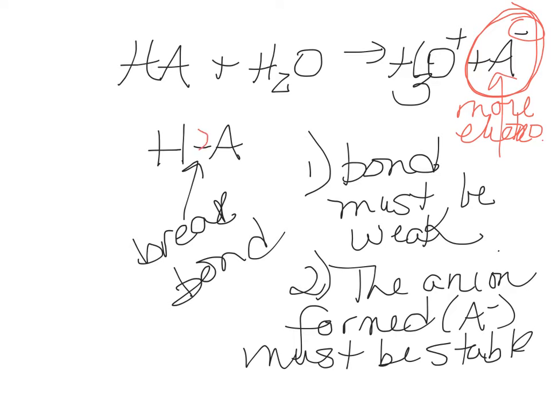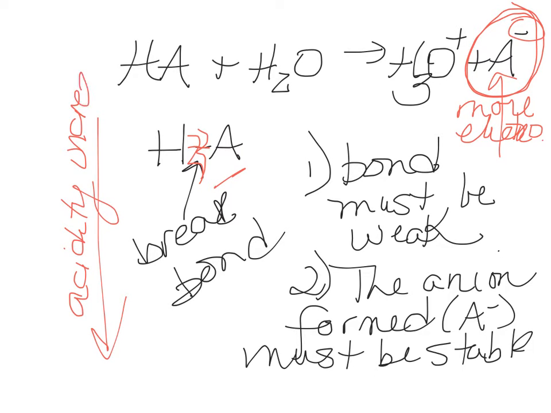And obviously the weaker the bond is between hydrogen and the electronegative atom, the easier that's going to be able to break and the more acidic it will be. And so that's why going top to bottom down a group, acidity increases, because the bonds are easier to break as you go top to bottom.